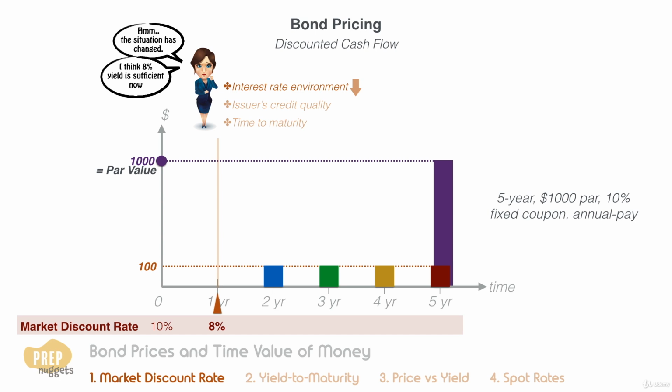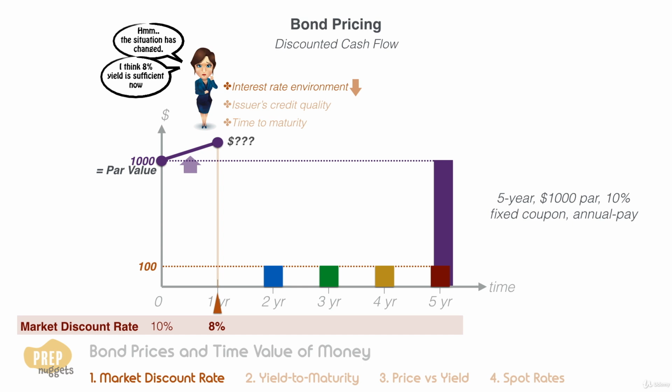The market discount rate for the bond is therefore 8%. Now, if 8% interest is sufficient for the investors, the fixed coupon rate of 10% for the bond will drive investors to buy it, thereby pushing up its price. Investors will continue to push the price up to the point where the yield of the bond equals the market discount rate of 8%.